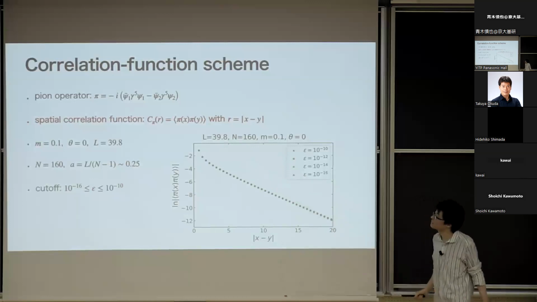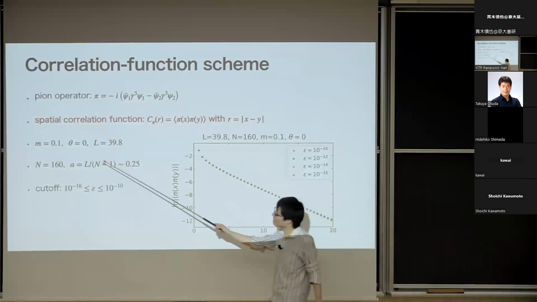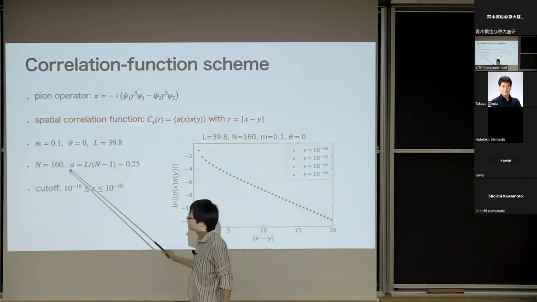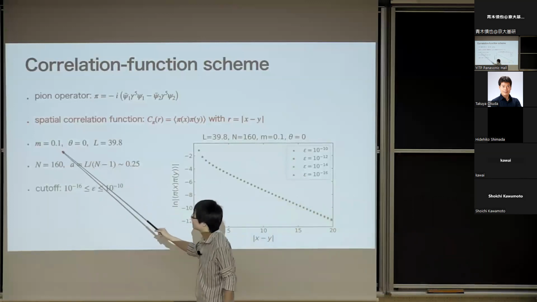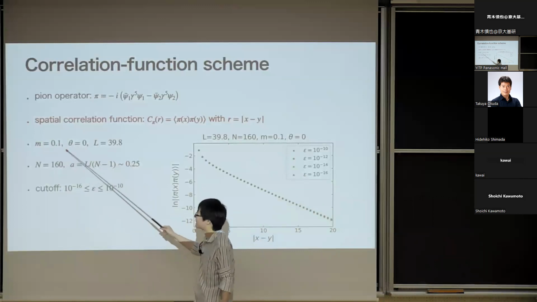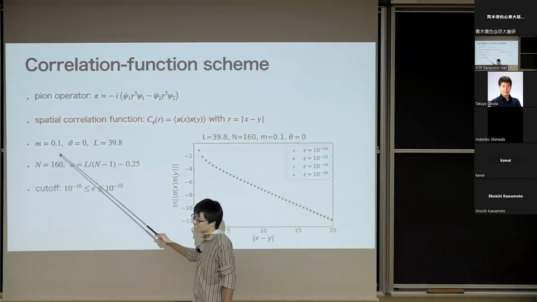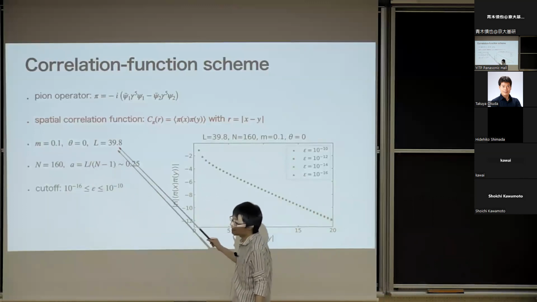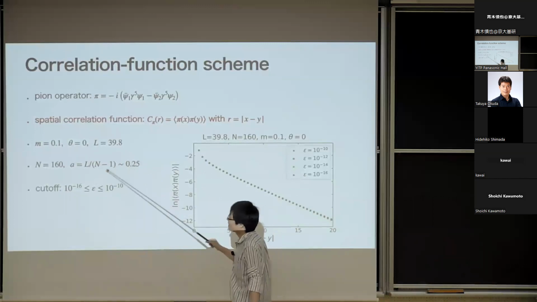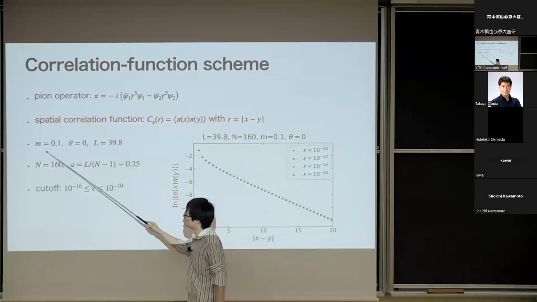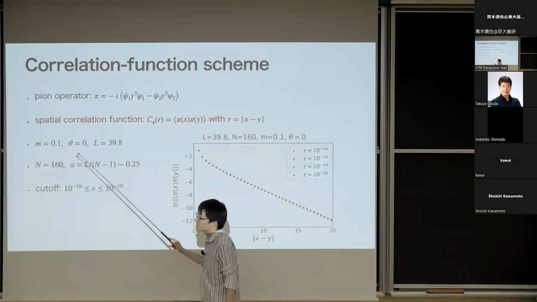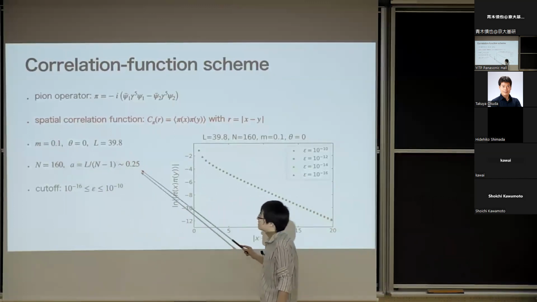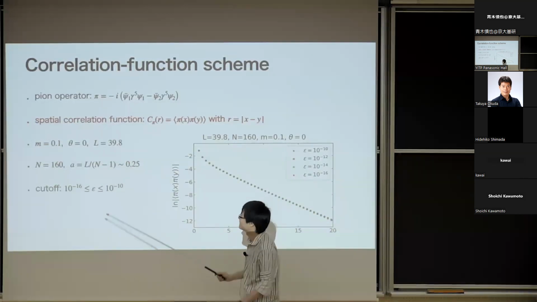Excuse me, why did you choose this mass parameter? We can choose any one. Yeah, maybe m equals 0 is not good. Of course. But did you search the mass parameter space? No. In this work, we just set a single value. Why did you choose this 0.1 value?